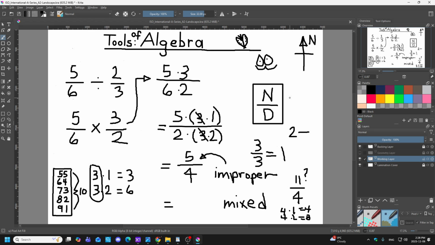And then the next thing we do is we go 11, subtract 8, because we went 4 times 2 to get us to 8. Now we go 11, subtract 8, gives us 3. That is going to be... Hold up. I'm being silly.